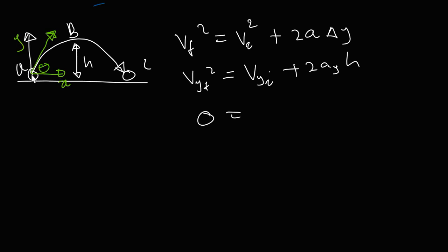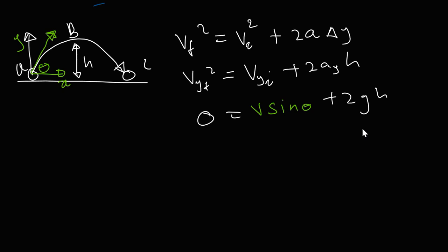We take y, because y is the only one that takes the ball up to its turning point. So we did discuss that this is going to equal v, opposite, sine theta, plus 2, and for acceleration I'm going to put g h.